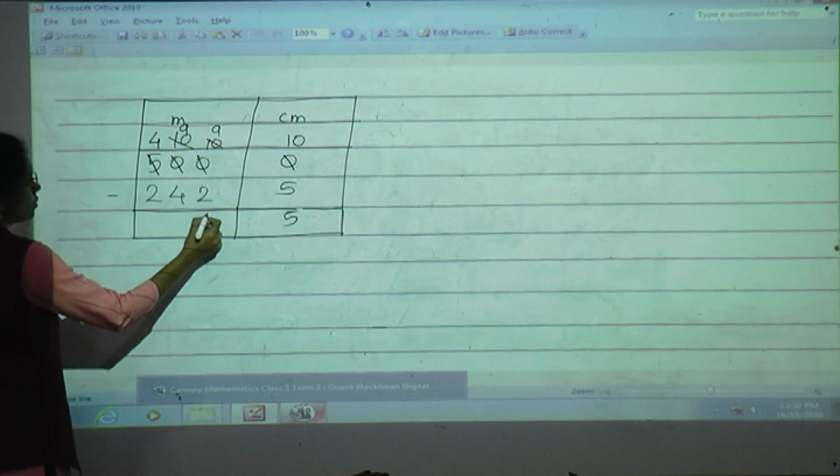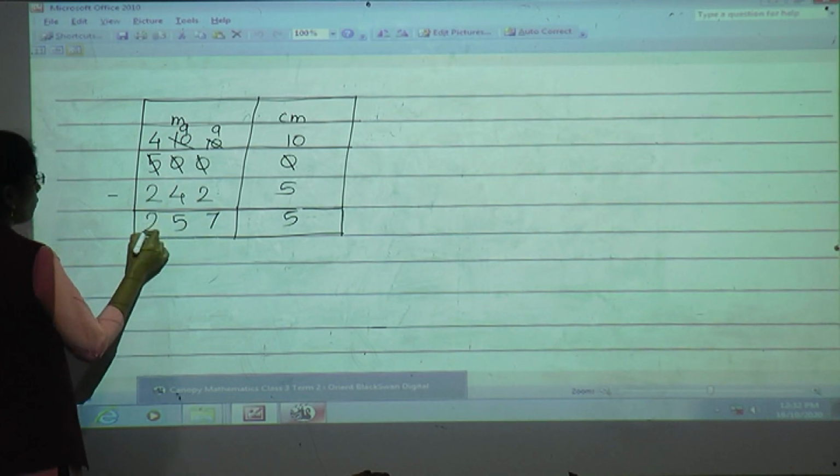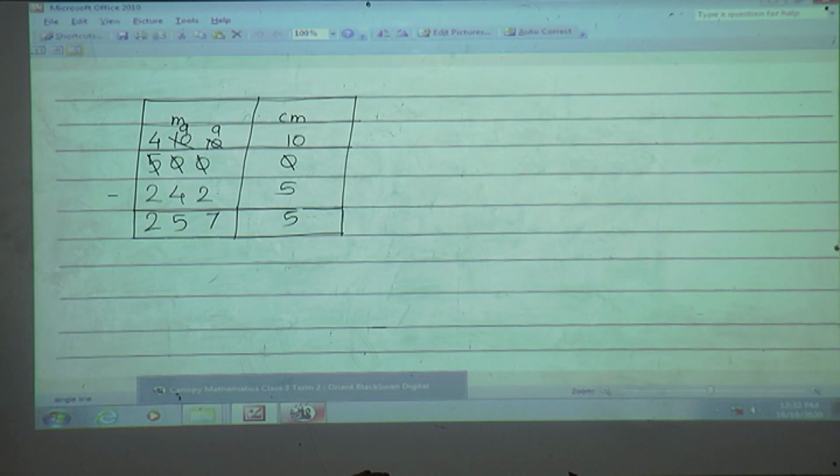Then 9 minus 2, 7. 9 minus 4, 5. And here 4 minus 2, 2. Okay. So what is the answer? Yes. How much thread is left with him? 257 meter 5 centimeter thread is left with the tailor. Understood how to solve this example?